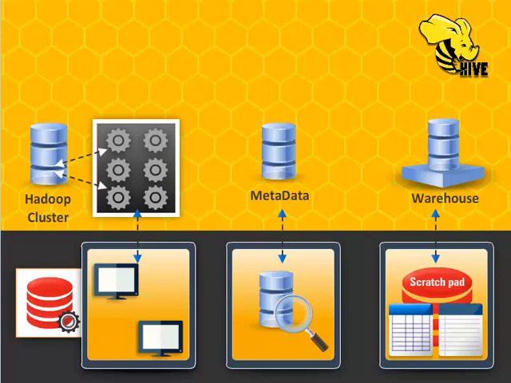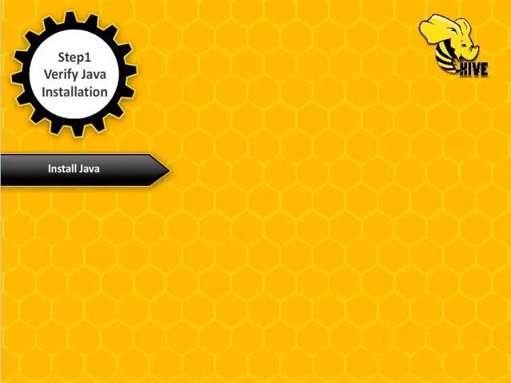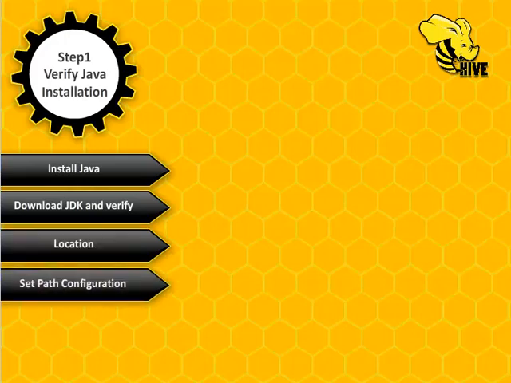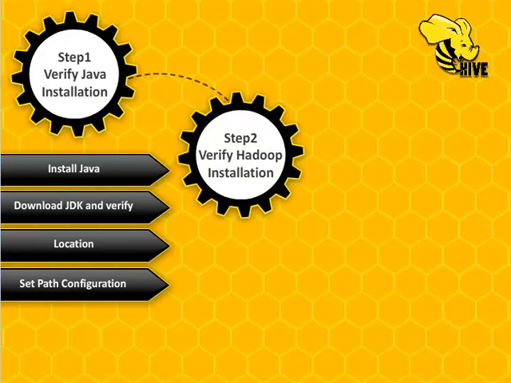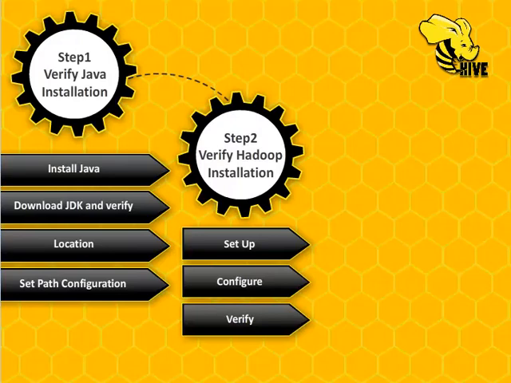For installing Hive, you need to follow these few steps. You need to start with verifying the complete Java installation, which includes installing the Java package, along with its core components such as downloading JDK, and verifying it, moving it to a location, and setting the path for configuration. Then verify the Hadoop installation by downloading the setup file, configure, and verify it, and finally access it from the browser.